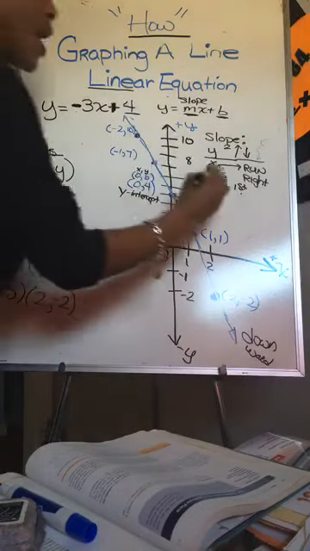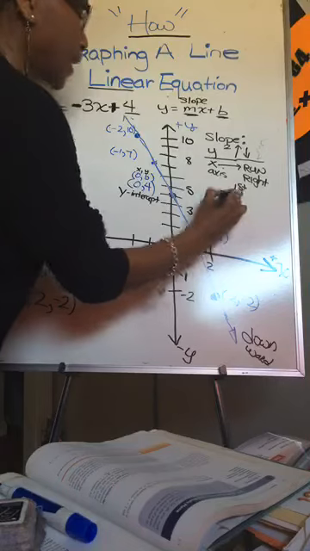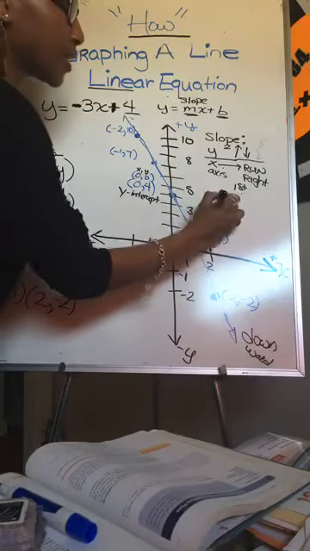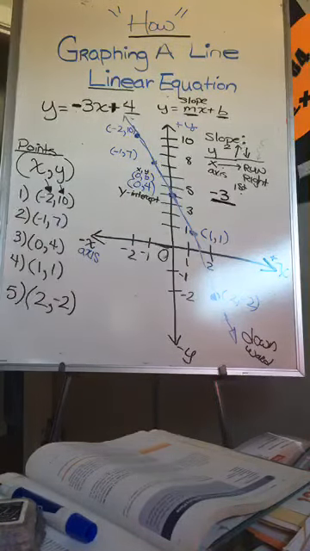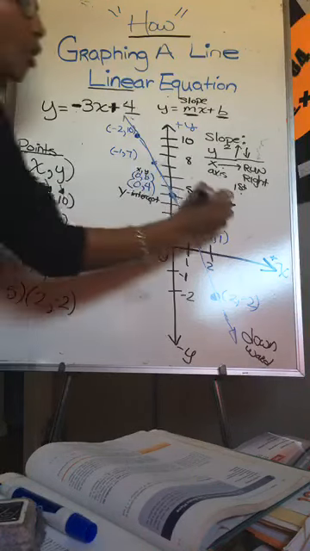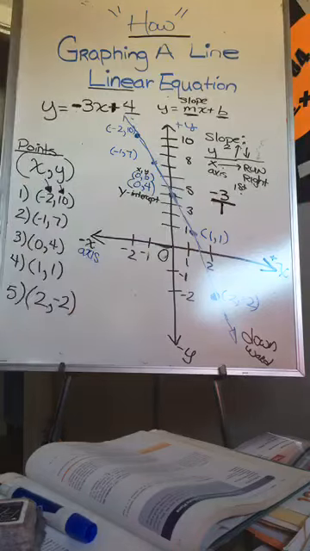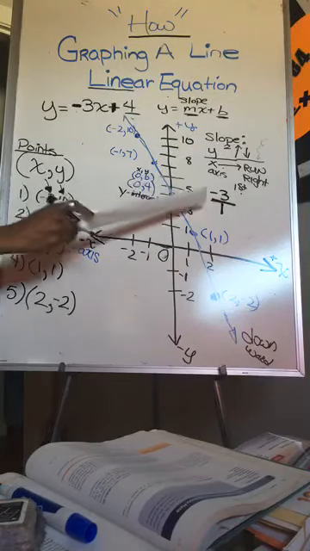Okay? So our slope is -3. They gave it to us, but they didn't tell us what it's over. But any whole number, I don't care if it's negative or positive, it will always be divided by 1. Always.